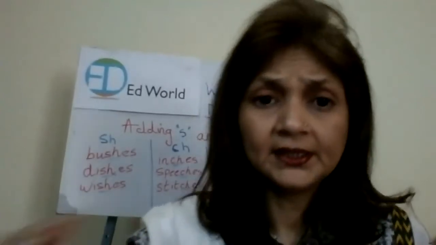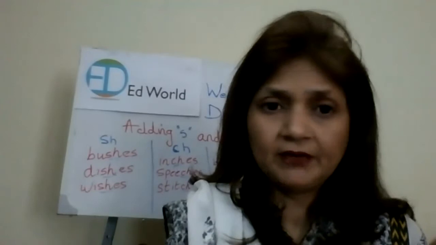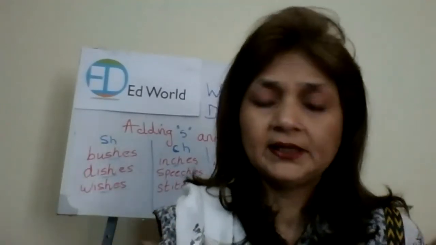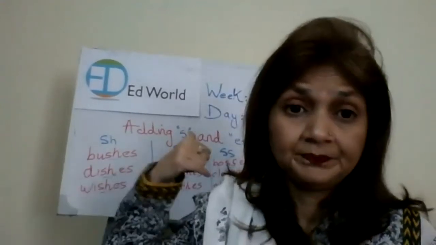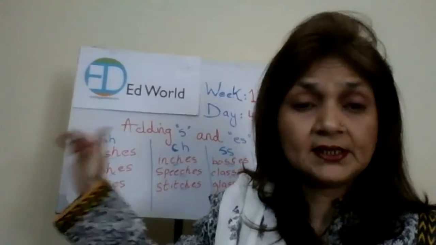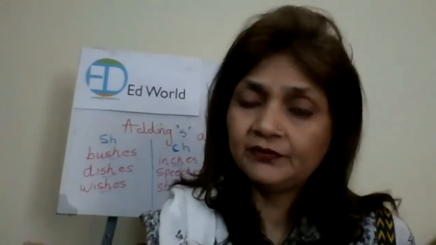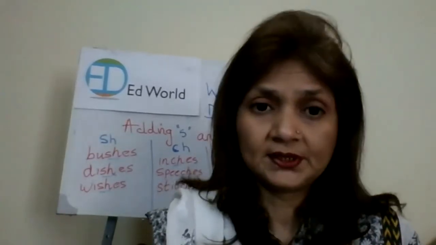All the other nouns, like we have already discussed, table, chair, door, they are normal nouns, right? But the nouns that end with these letters, S, H, C, H, double S, and X, we write ES to make them plurals.